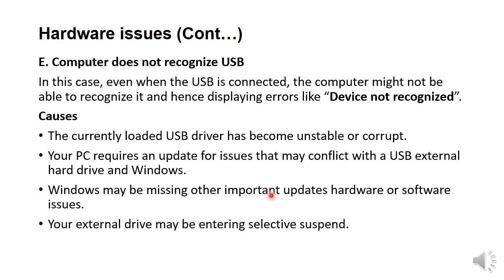Or the external drive may be entering selective suspend. There are so many causes. You should read them by yourselves. They are visible on my video, and I hope you will enjoy them. Your PC motherboard may need updated drivers and so on.